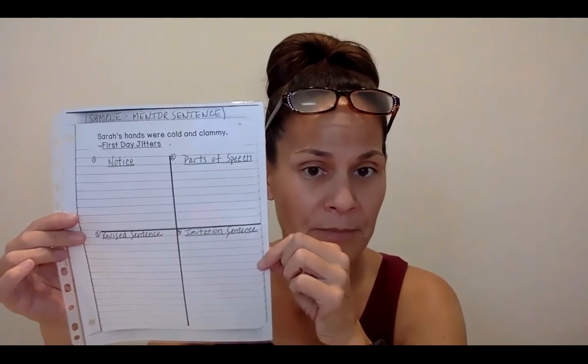And this week, it just so happens that we will be reading First Day Jitters. That is the first mentor text that we read for the year. So really what you are doing right now is you are copying, with the exception of these 3 words that you see up here. Do not copy those. Start with the sentence. You are duplicating everything you see on this piece of paper.